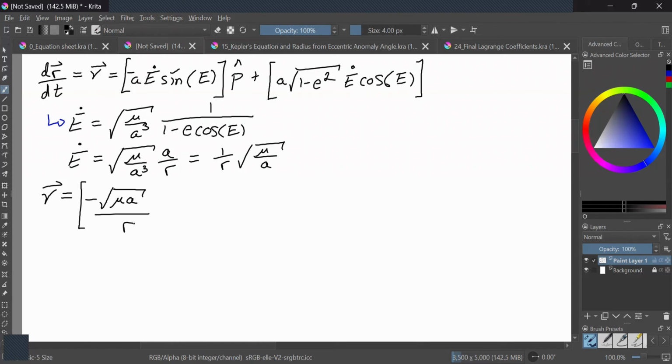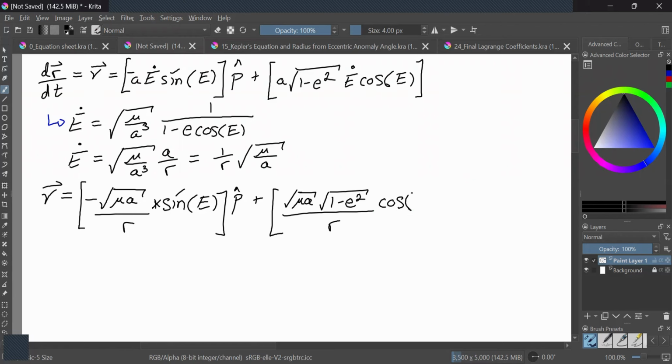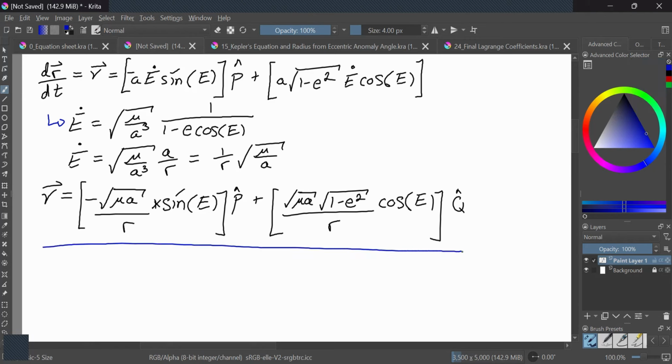That is a and E dot times sine of E, in the p hat direction, plus, similar thing happening over here, where we will have the square root of mu times a times the square root of 1 minus e squared over r times the cosine of E in q hat. All right, and that is our velocity.